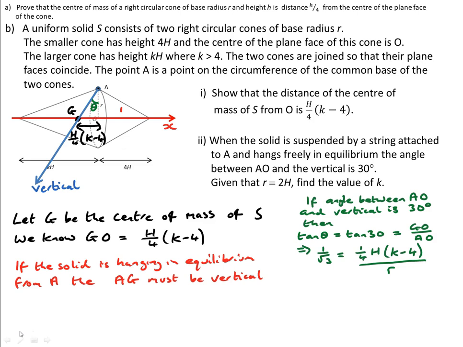So we've got tan 30 is 1 over root 3 equals a quarter h times (k minus 4) divided by r. But we've been told that r is 2h. So we've got 1 over root 3 equals a quarter h times (k minus 4) divided by 2h, which rearranges to give me k equals 4 plus 8 over root 3, which finishes the question off.